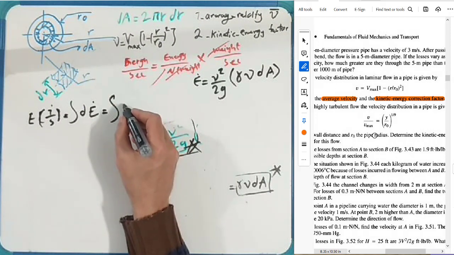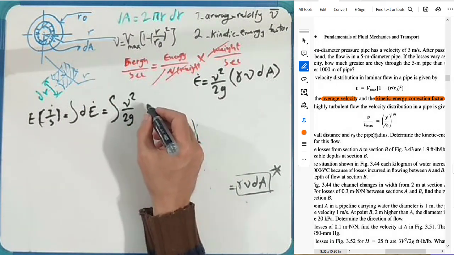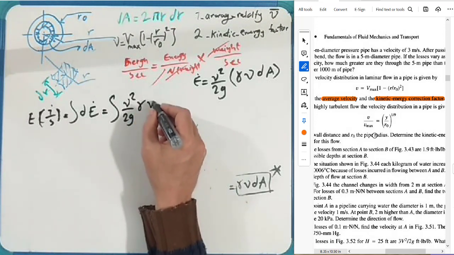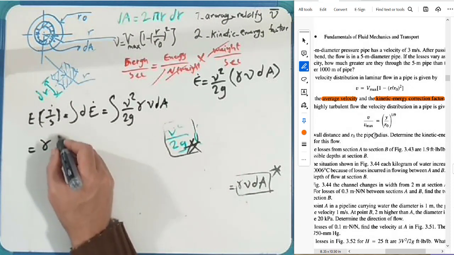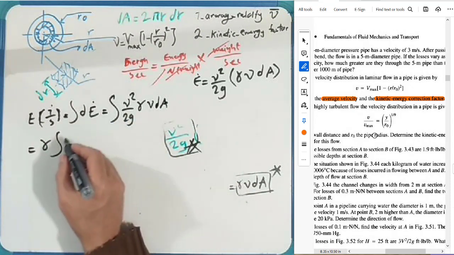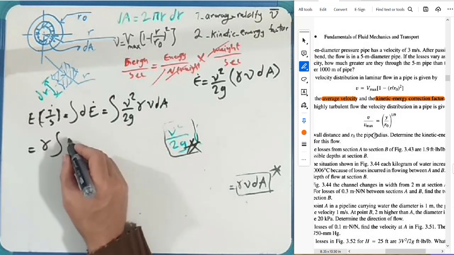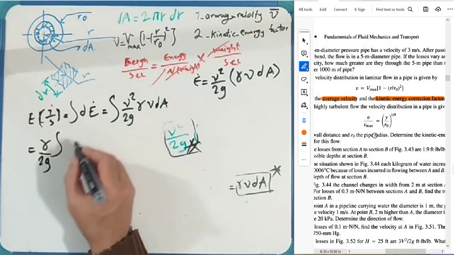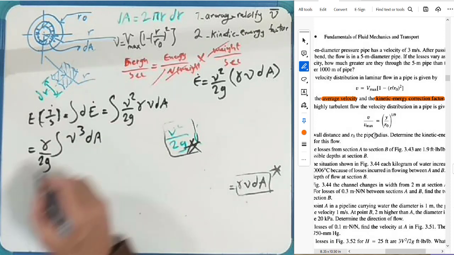It is nu squared over 2g, gamma nu dA. This will equal gamma, which is constant, will come out from the integral, and the integral of nu cubed over 2g dA. Okay.